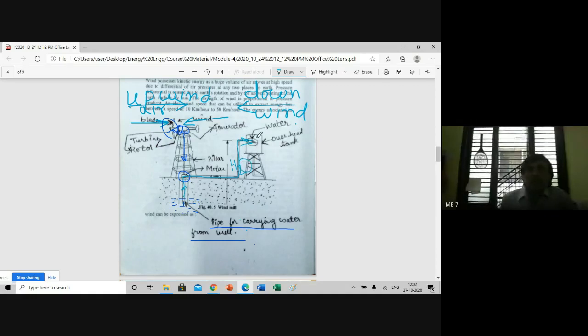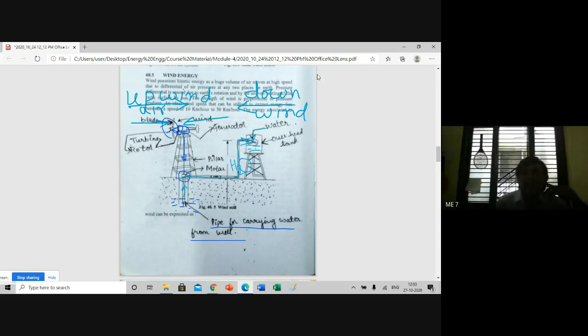H2O, so this is the water. So water is collected here. This is how it is a simple application of a windmill.